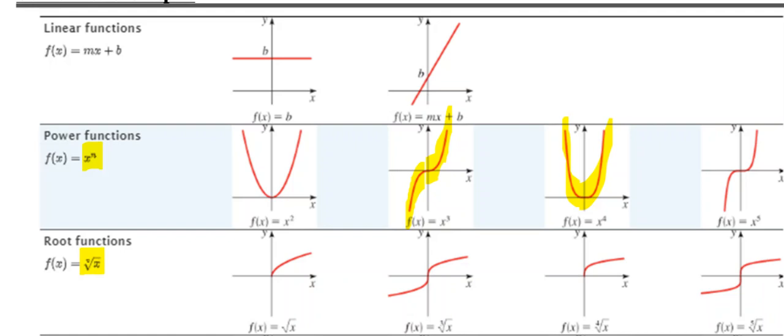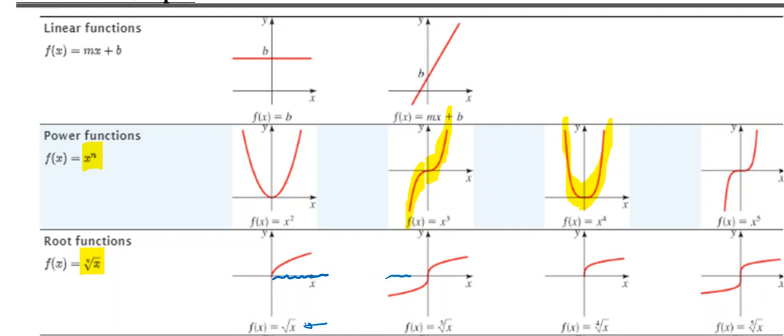I would say definitely at least remember the graph of square root of x and cube root of x. Now remember when we were talking about domains of functions, we said that the domain of square root of x is where inside the square root is greater than or equal to 0. That's why this function is only defined for x greater than or equal to 0. But the domain of cube root of x is all real numbers.